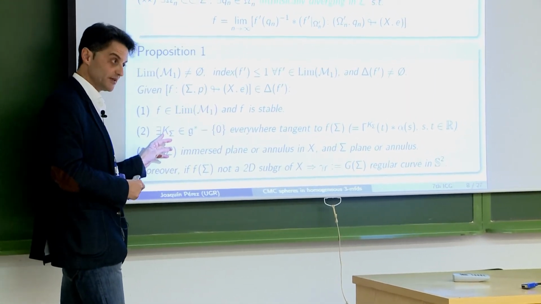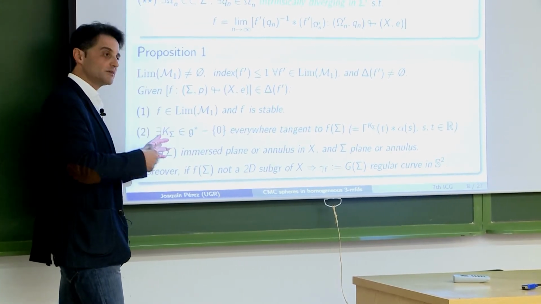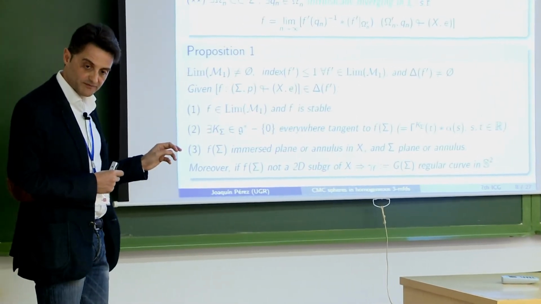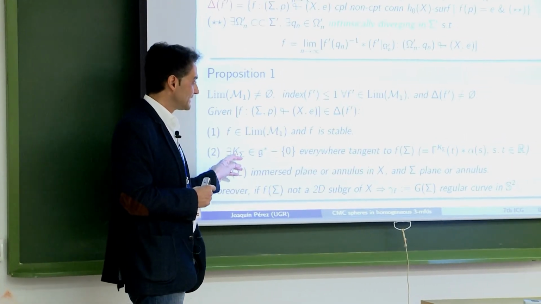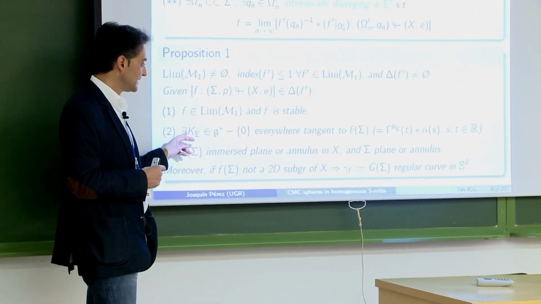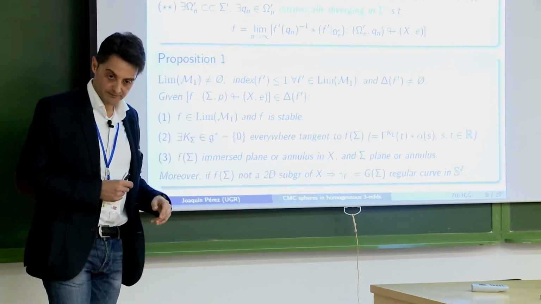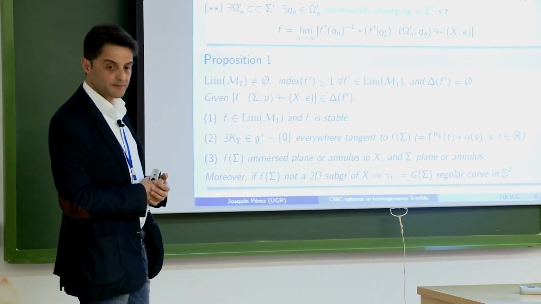It's a ruled surface. And the ruling is just a collection of integral curves of a given right-invariant vector field. Okay? This property gives you a lot of information about the topology of your second order limits. Okay?